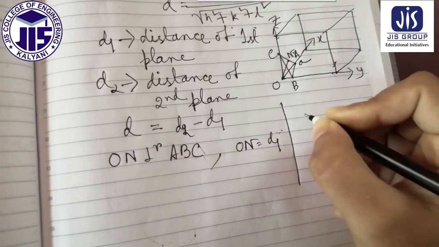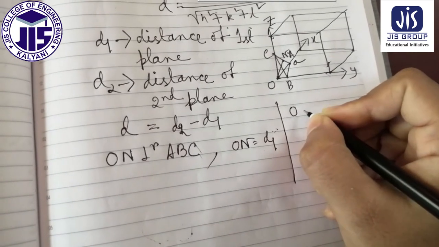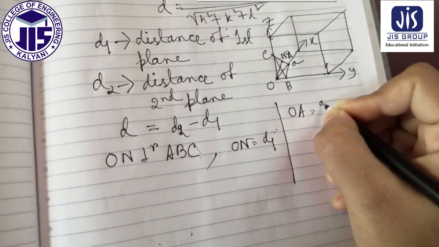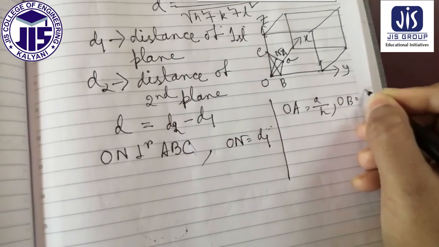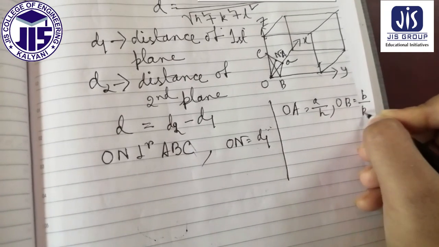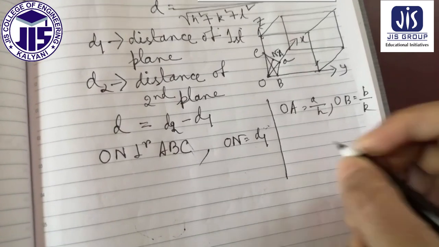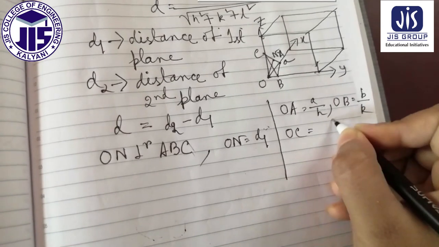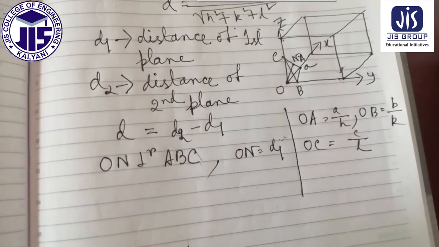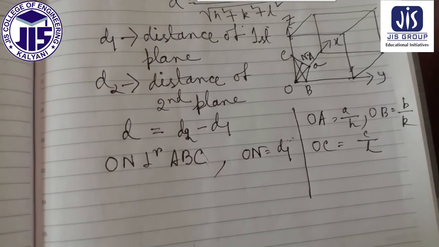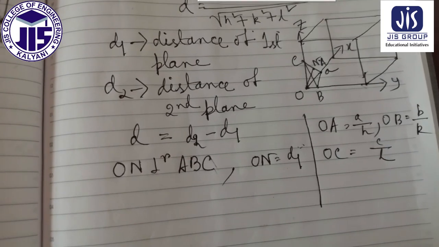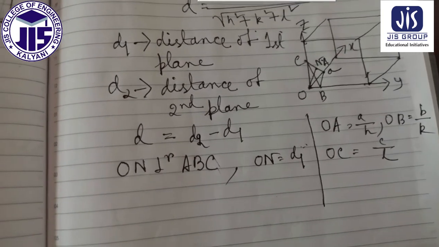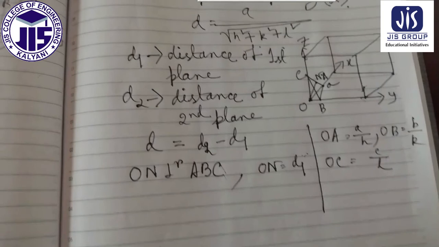Now OA equals a by h, OB equals b by k, and OC equals c by l. So this is the consideration. Now let me tell you how we can write it.